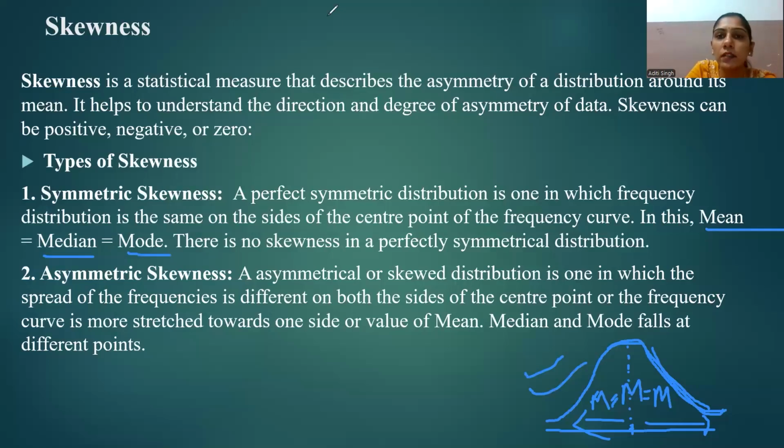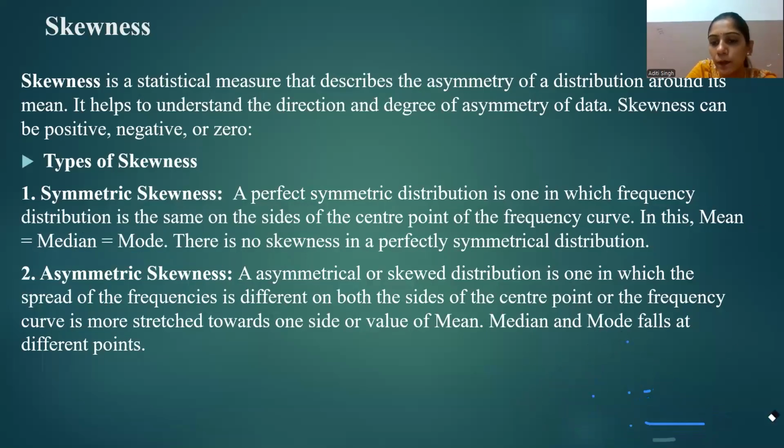Now let's understand asymmetric skewness. I hope everyone has understood symmetric skewness. An asymmetric or skewed distribution is one in which the spread of the frequency differs on both sides of the central point.